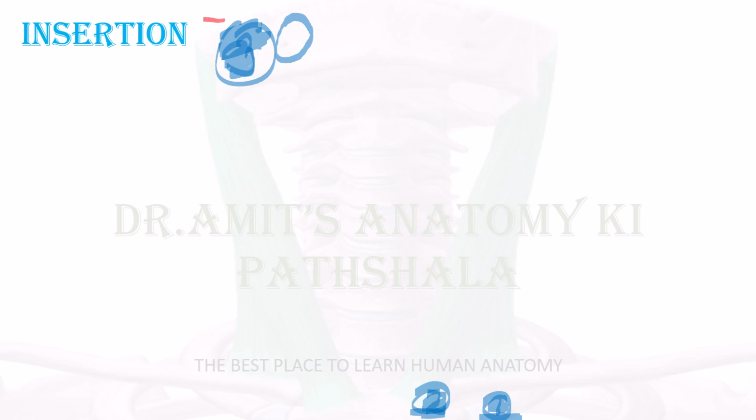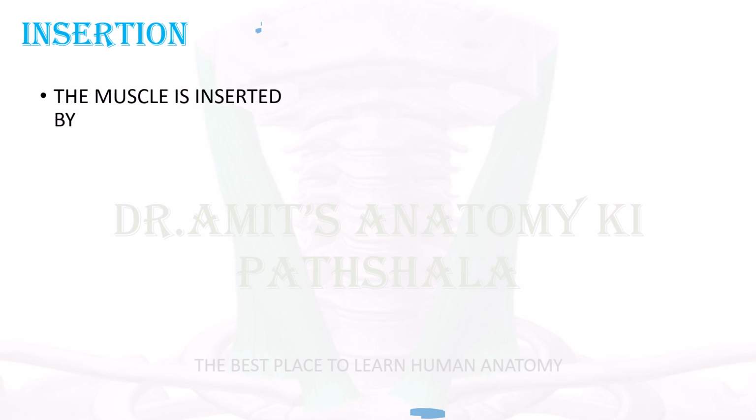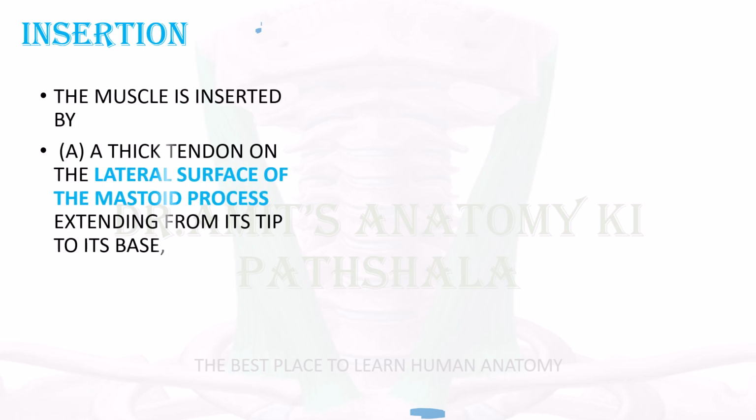Also it will insert on this line, posteriorly we have the superior nuchal line. The insertion of this muscle is, firstly, on the lateral surface of the mastoid process, mainly on the tip of the mastoid process.